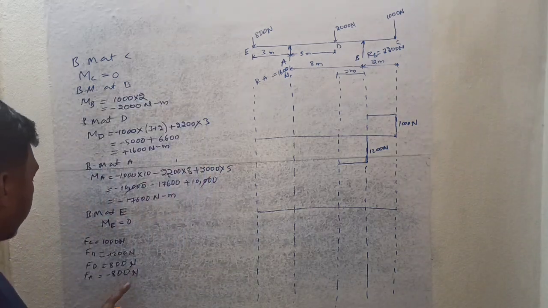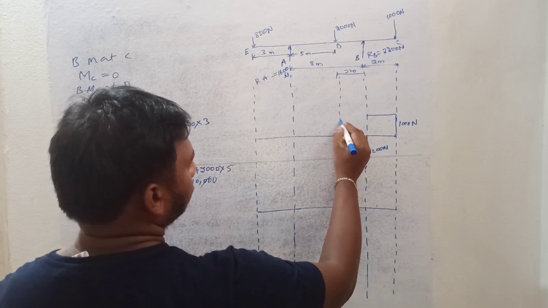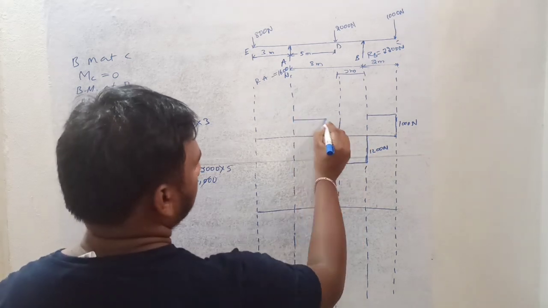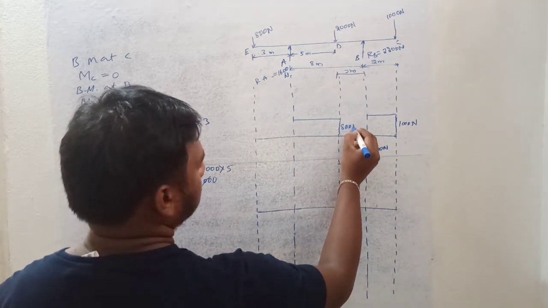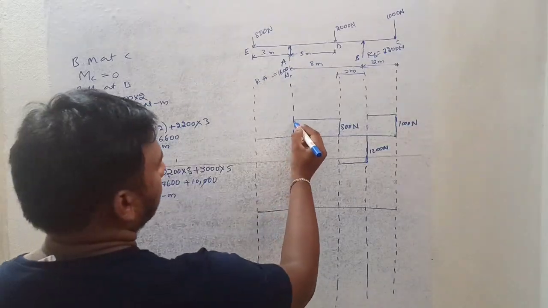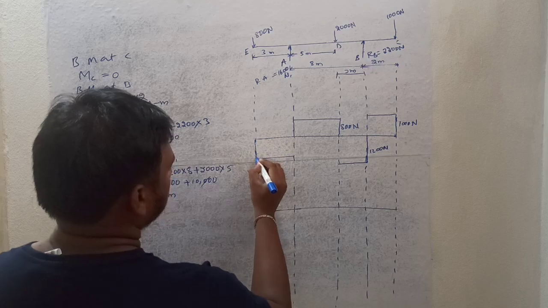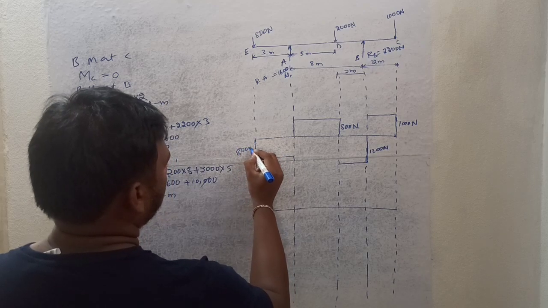And what is the shear force just left of D? It is positive 800 newtons. And next, what is the shear force just left of A? It is minus 800 newtons.